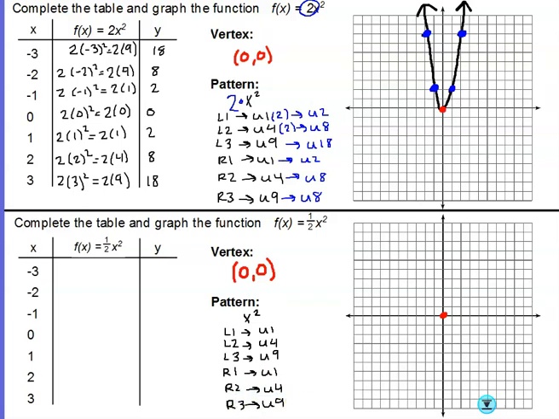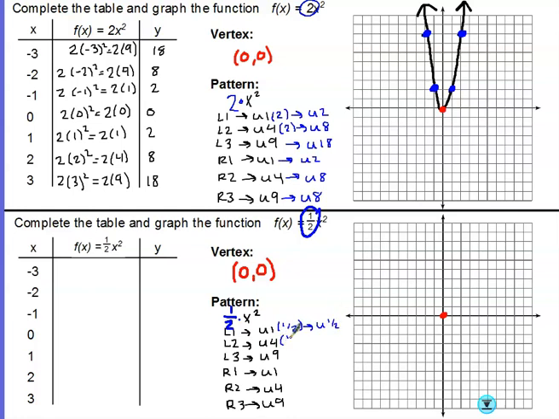So my parent function, kind of the most simple version of this function, is x squared. But what we are dealing with is 1/2 x squared. So once we create our pattern, we now need to multiply everything in that up column by 1/2. So when I multiply by 1/2, up 1 becomes up 1/2.